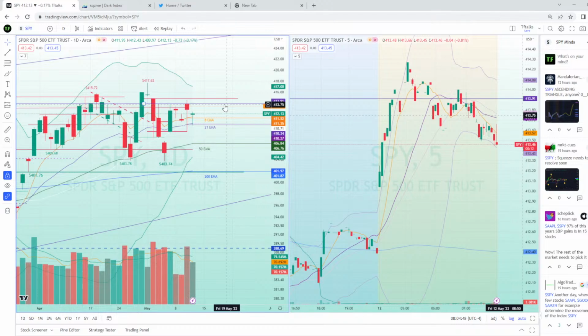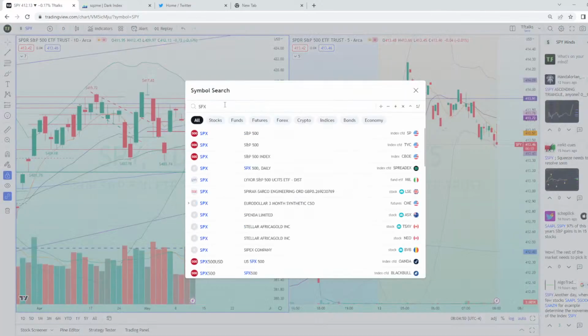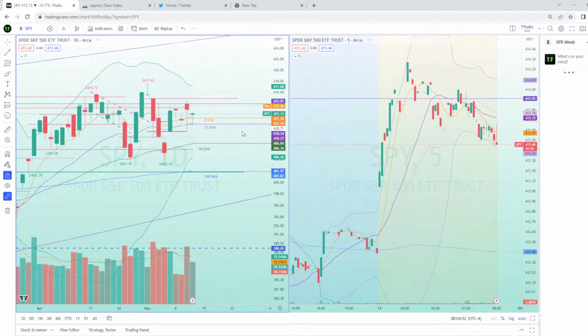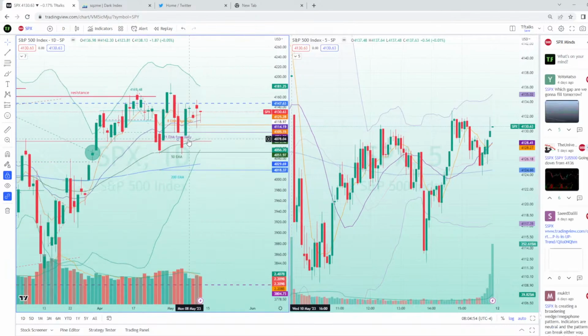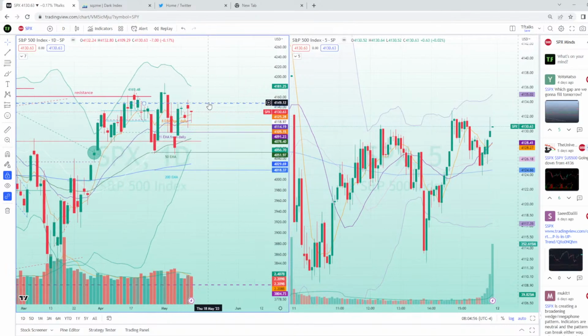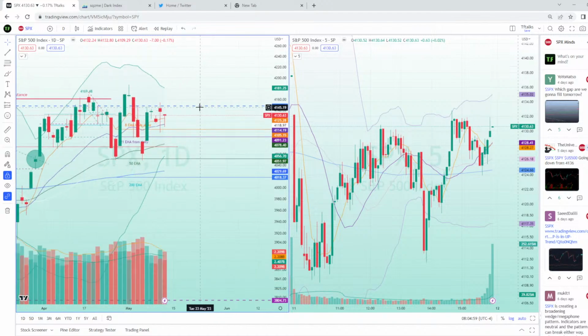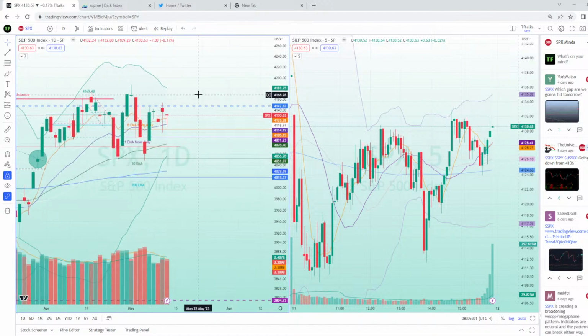Let me see what this one is on the SPX. Yeah, pretty close. I mean, the level for SPX will be close to the 4168.